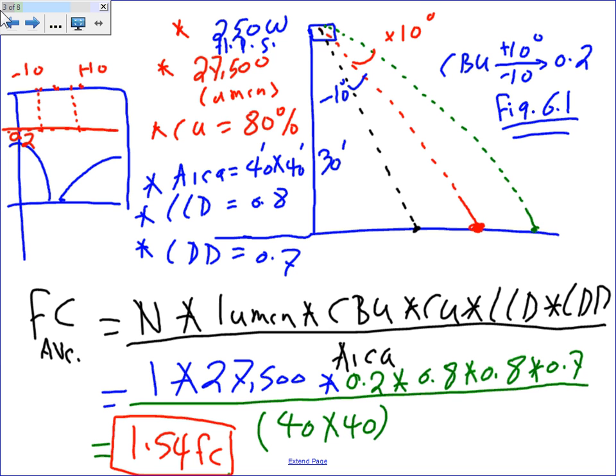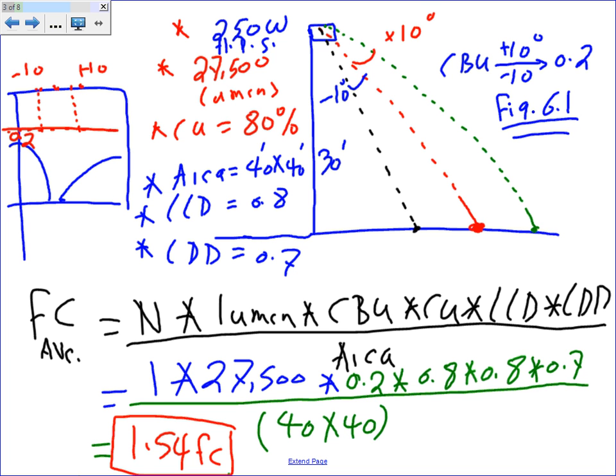The coefficient of utilization coming with the fixture is given as 80%. The area that I need to light is a square area of 40 by 40, right? I put that fixture right at the edge of the 40 by 40 area, and I want to light this 40 by 40 feet. The lamp dirt depreciation factor is 0.8, and the lumen loss factor is 0.8 and 0.7.